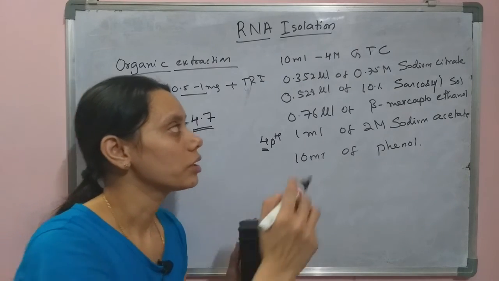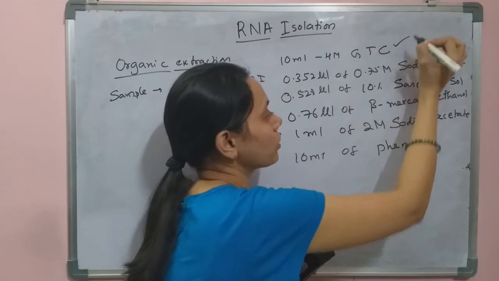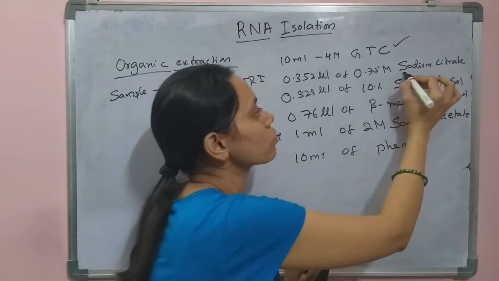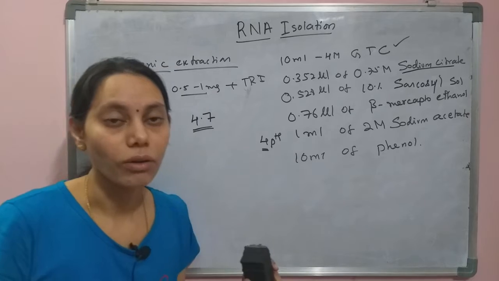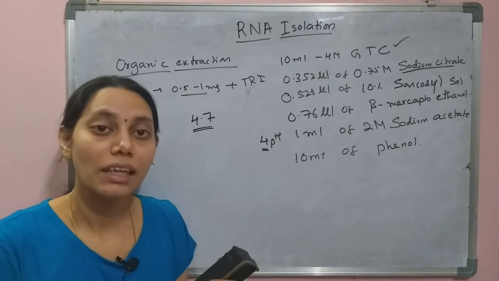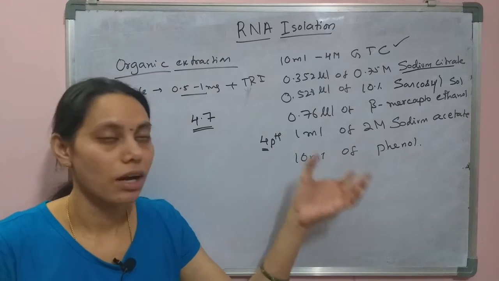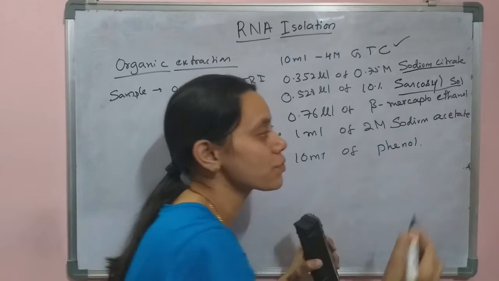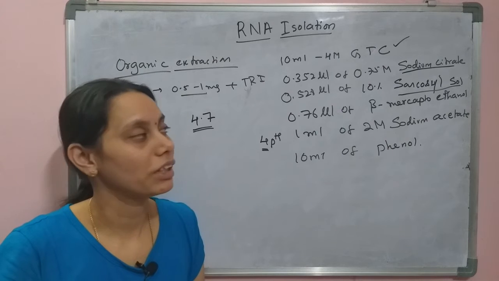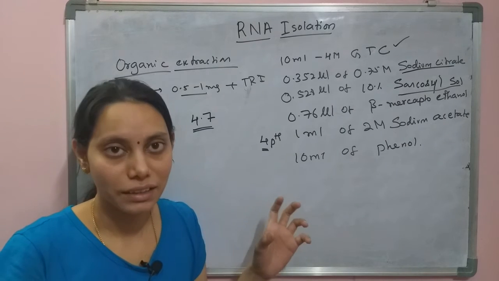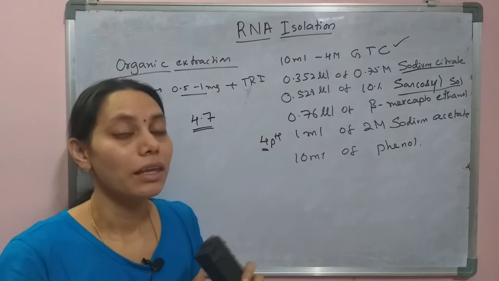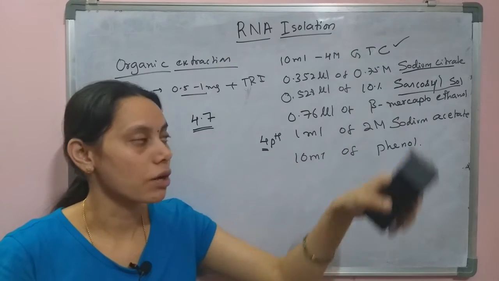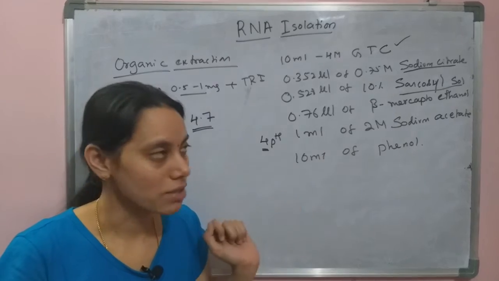Here guanidinium thiocyanate acts as a lysing agent, and the sodium citrate is a salt that can protect the nucleic acids from these harsh treatments. Sarcosyl solution is a detergent, so it deals with the lipids present in the membranes. That means the membranes will be disrupted by sarcosyl solution in the RNA extraction.